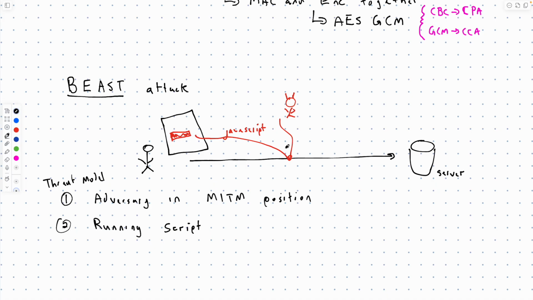Is it similar to cross-site scripting? Yes, running a script here is sort of the same as cross-site scripting. Cross-site scripting just means that you're on site A, and the JavaScript that you're running is from website B. Here it doesn't necessarily have to be.